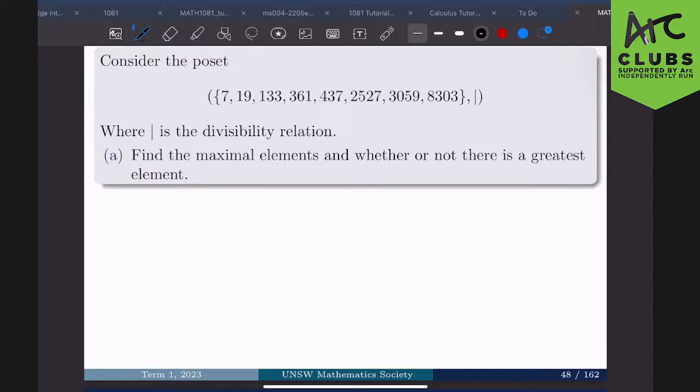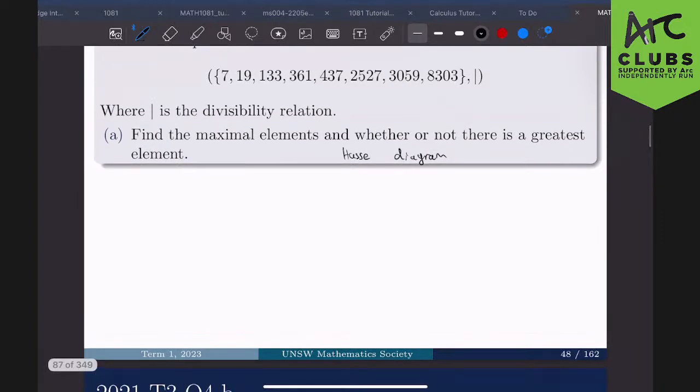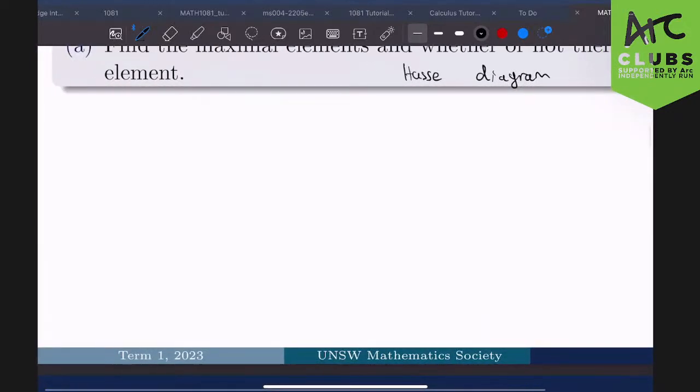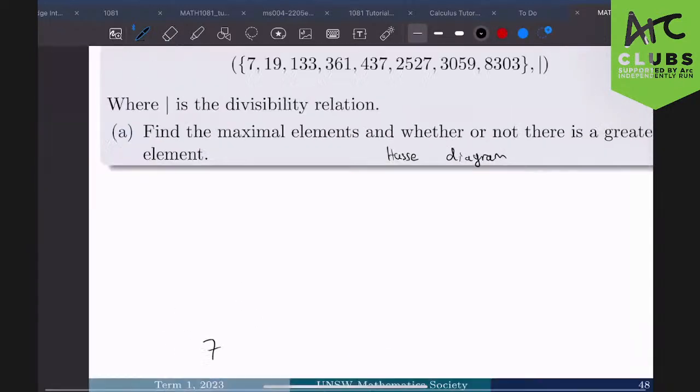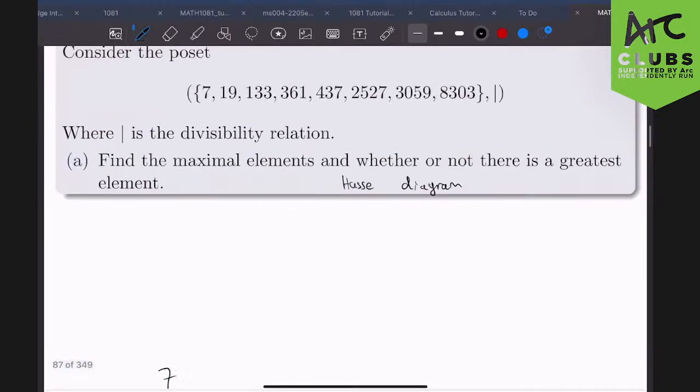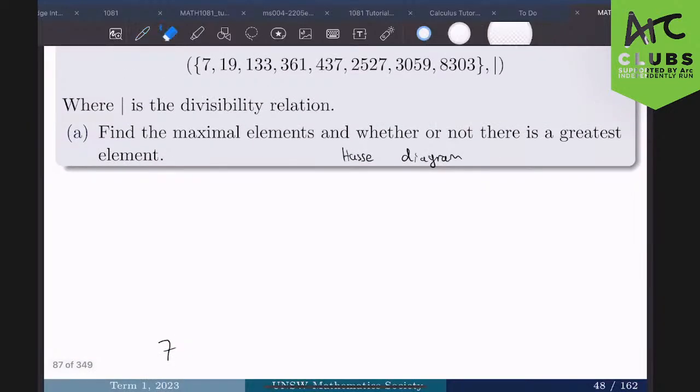When I'm drawing these Hasse diagrams, I actually don't know the pronunciation, I think that's what they're called, I find it easy to start from the bottom. You can decide for yourself, but I think it's easier to start from the bottom. I haven't given myself that much space. Okay, I'll go like this.